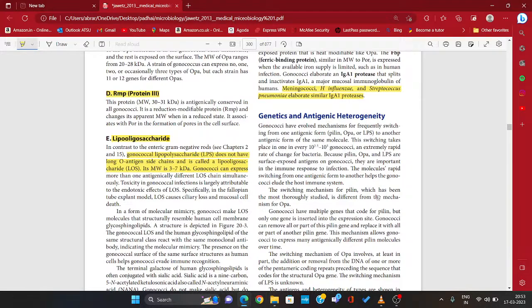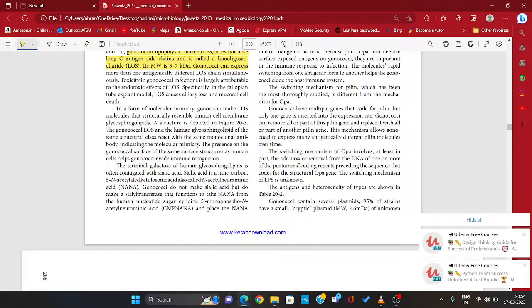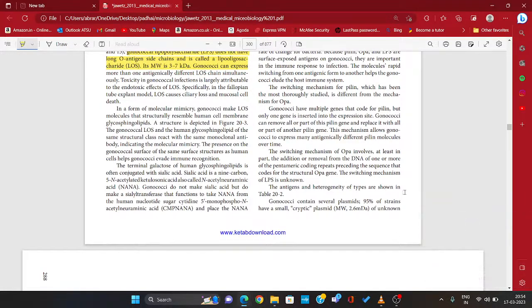The switching mechanism for pilin, which has been the most thoroughly studied, is different from the mechanism for Opa. Gonococci have multiple genes that code for pilin, but only one gene is inserted into the expression site.